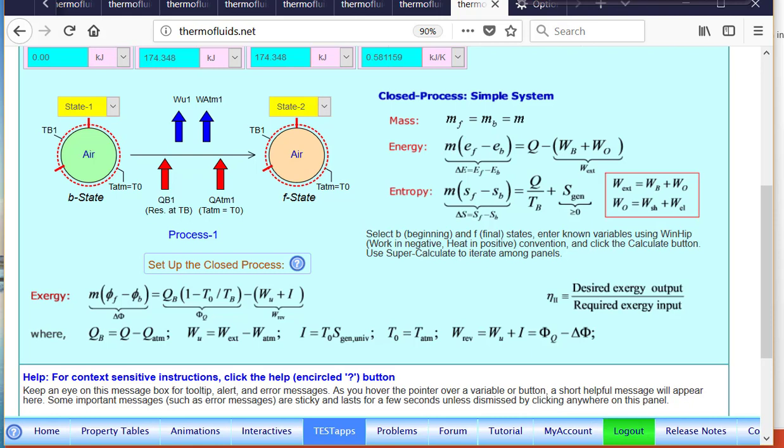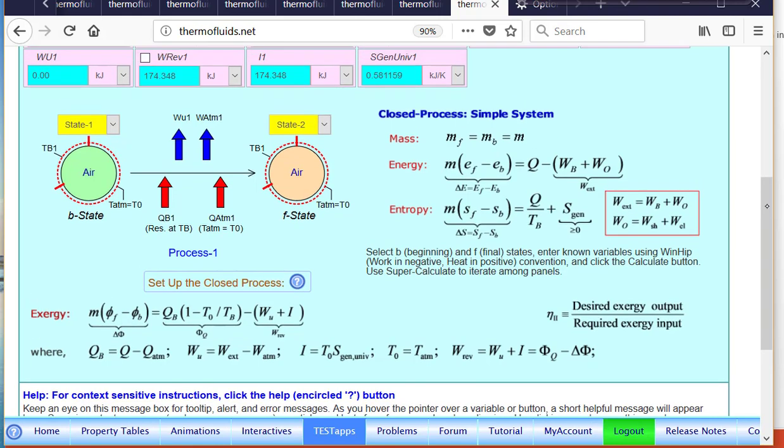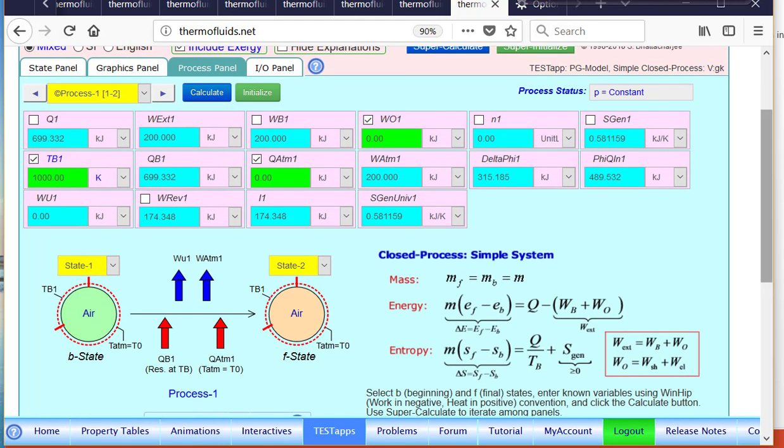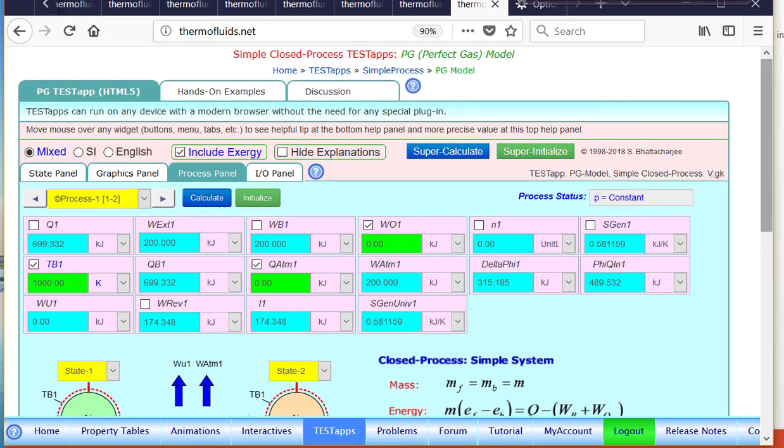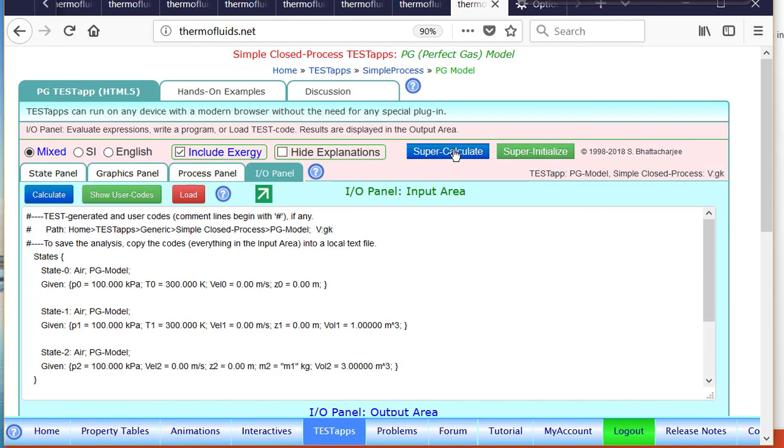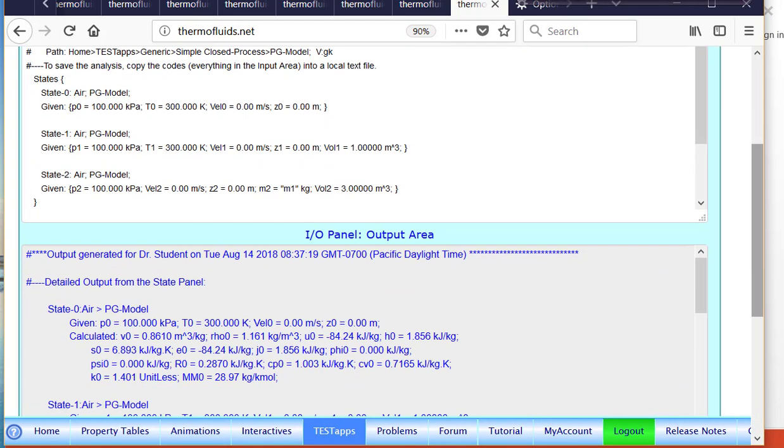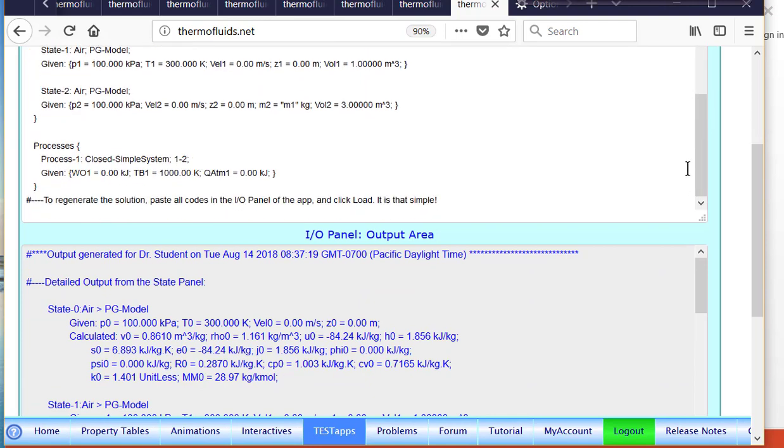As you see more examples, you will realize how to use this quite easily. One more thing: if you use the super calculate button, you get all your test codes and you can regenerate the solution very easily from this small amount of data.